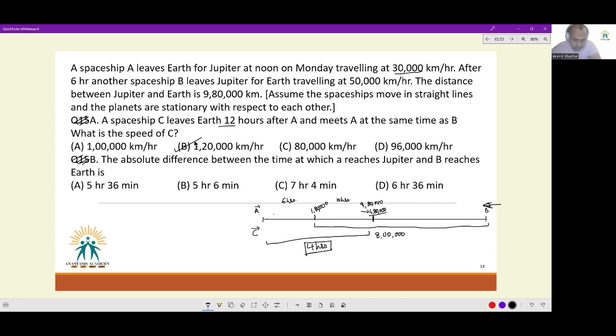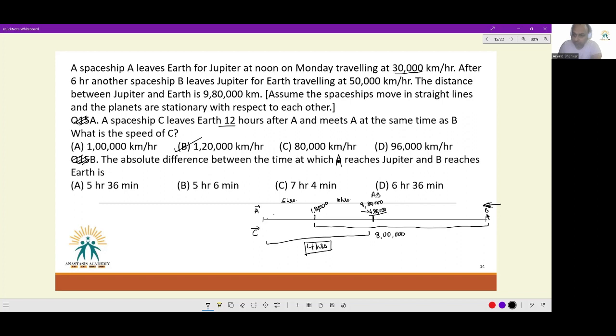Next, the absolute difference between the time at which A reaches Jupiter and B reaches Earth. They meet at this point.